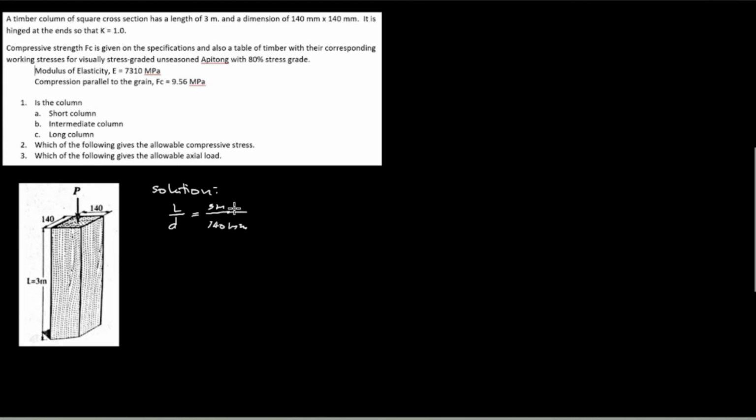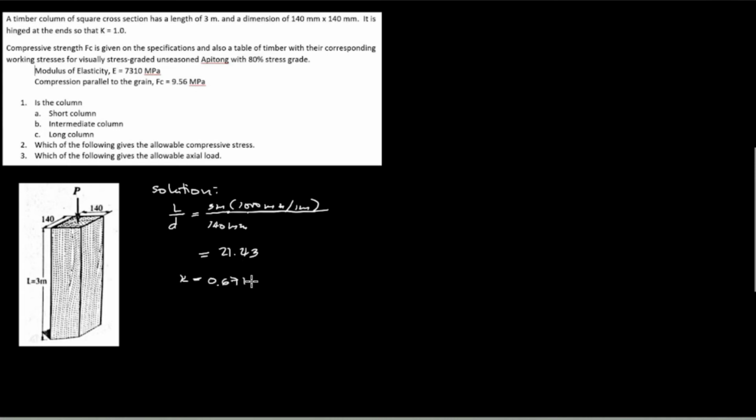So we convert meter to millimeter, which is 1000 millimeter over 1 meter. The ratio of the length over the cross section D is equal to 3000 over 140, or 21.43.